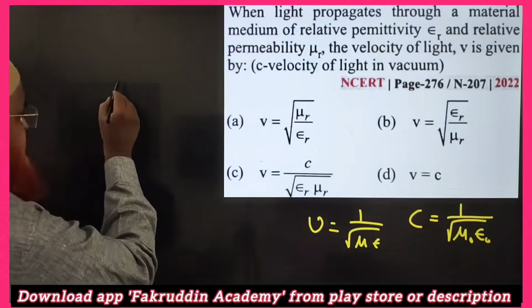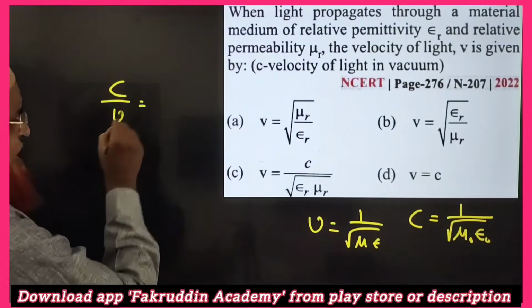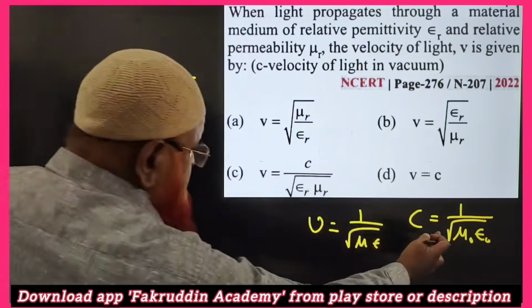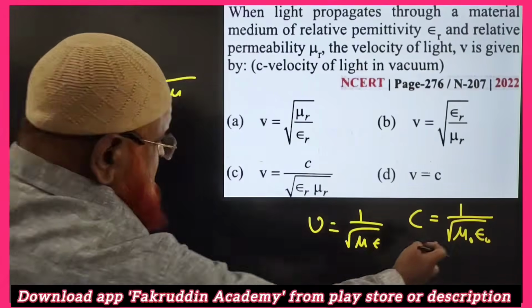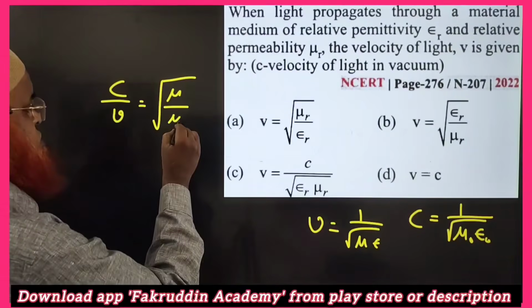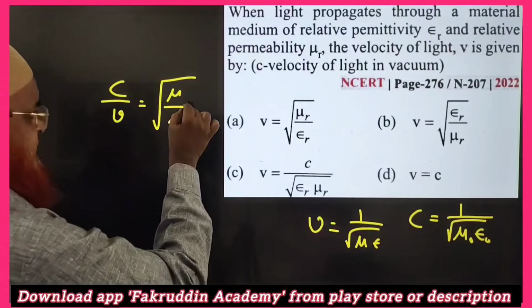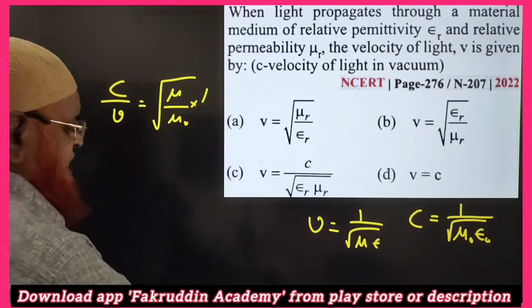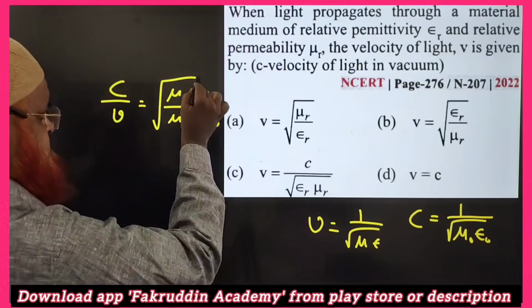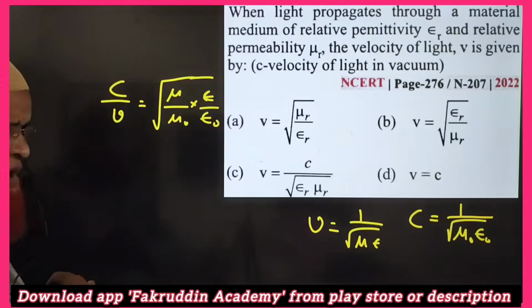That means C by V is equal to square root of mu epsilon by mu naught epsilon naught. Mu naught comes to denominator and mu comes to numerator.